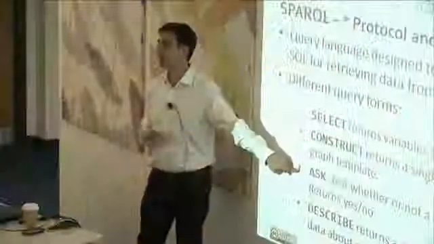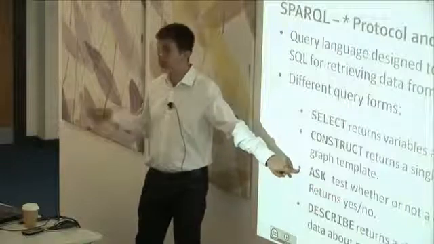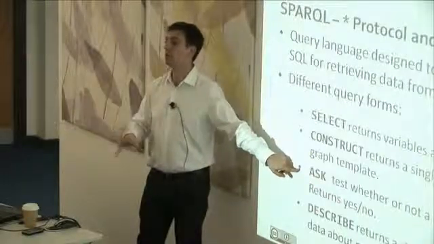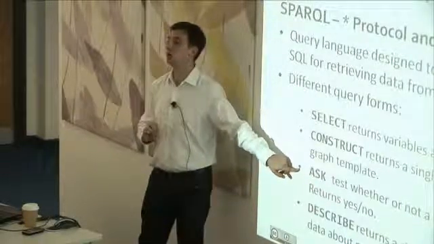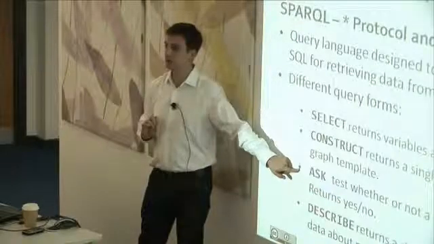Okay? The simplest thing you can do to understand the graph that you formed is to make a graph pattern to say, I'm looking for this shape in the graph. Does that shape exist or not? We call that an ask query. Given a graph pattern, an ask query will tell you yes or no, that exists or it doesn't.